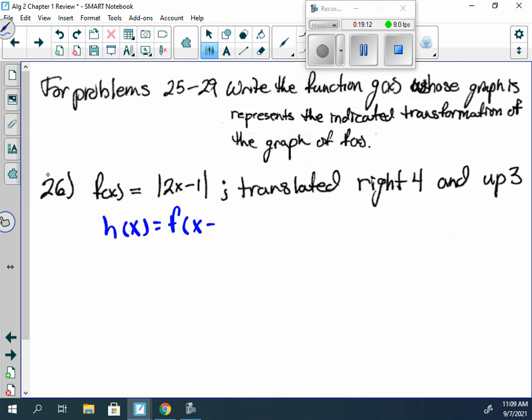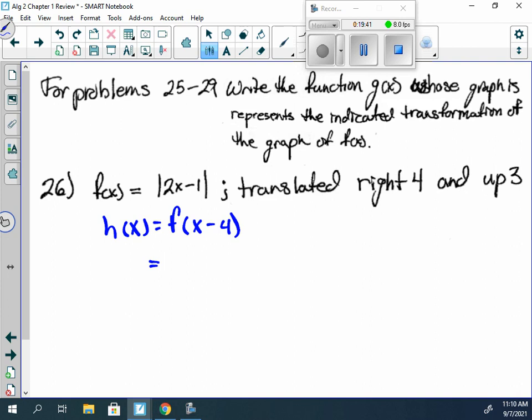How far are we going? 4 to the right, and right is positive, yes? So the value of h is positive 4. So I'll plug that in and we get f of x minus 4. Because again, h is positive, but because of how it's set up, it's going to be minus 4. If it had been to the left 4, it would have been x minus negative 4. The negative and negative would give us our positive.